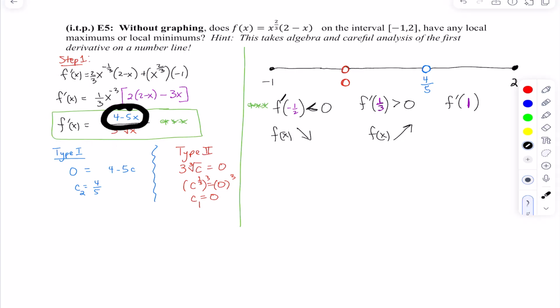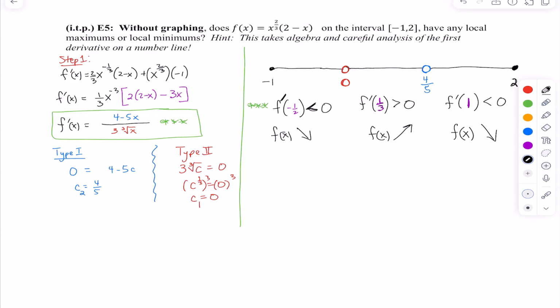Notice the numerator is going to be negative, the denominator is going to be positive, and so now we have negative over positive, and that is negative. What does that tell you about the function? The function's behavior on that open interval is now decreasing.